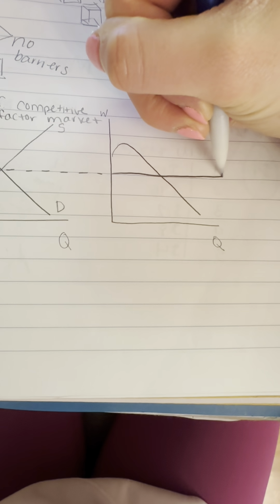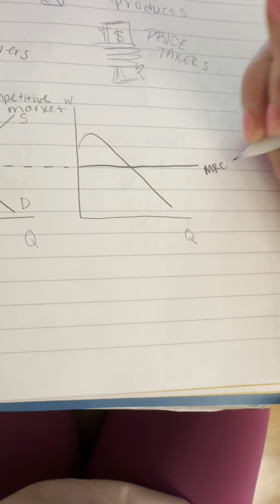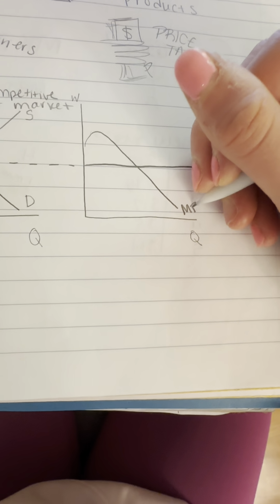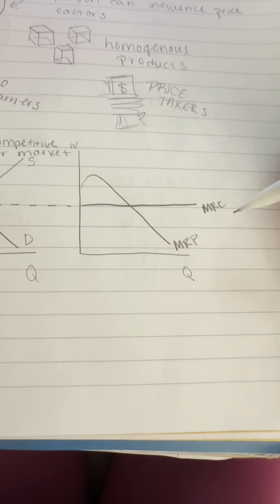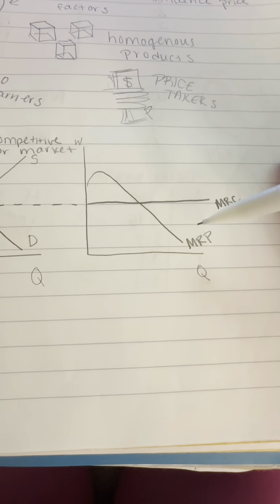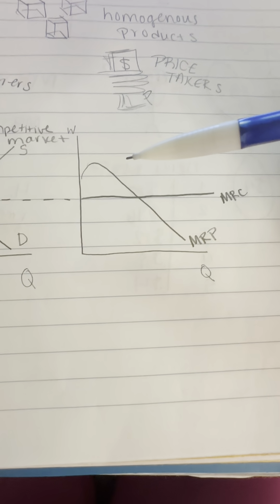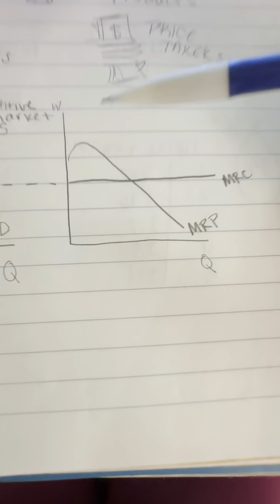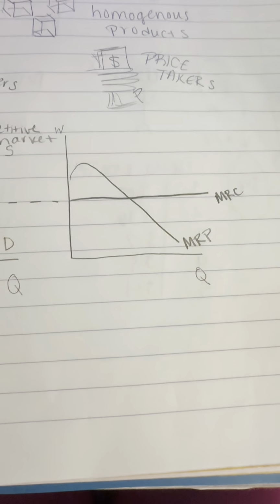So this line is our MRP, and basically the MRP curve slopes down, showing the diminishing returns. As more workers are hired, the additional output for each worker that's hired is going to decrease as time goes on.